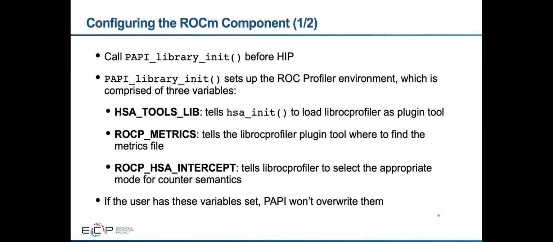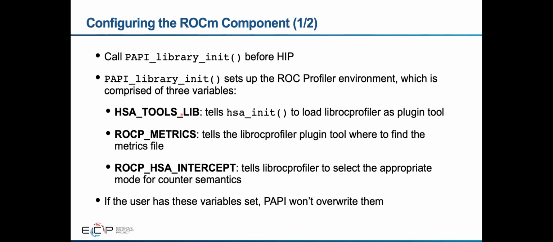I also want to spend a few words on how to configure the ROCm component properly to make it work as expected. In order for the component to work correctly, the user should call PAPI library init before any HIP and ROCm interface. What PAPI library init does is to set up the ROC profiler environment, which is comprised of these 3 environment variables.